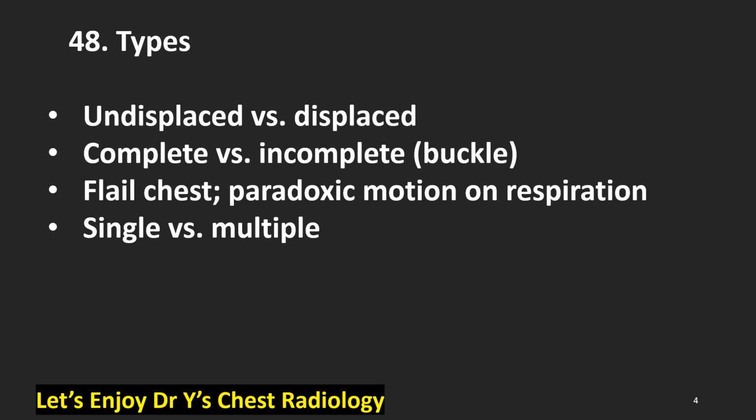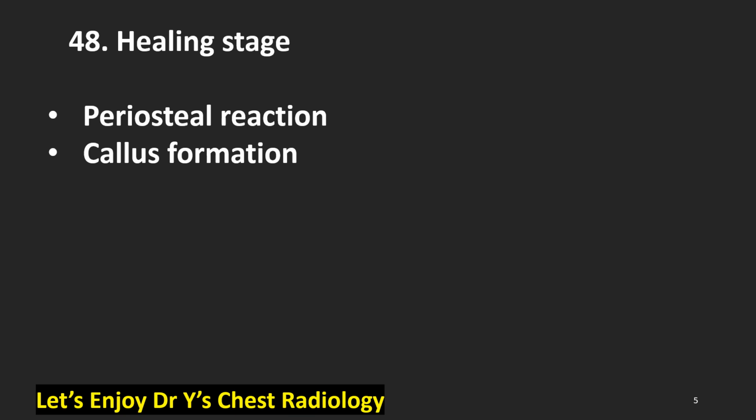Sometimes flail chest may occur. Two or more points are broken in a single rib. That may cause paradoxical motion on respiration. And single rib fracture versus multiple rib fracture. In healing stage of rib fracture, we can see periosteal reaction and callus formation.